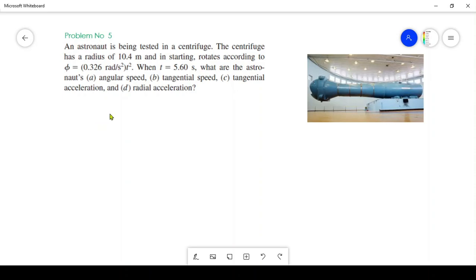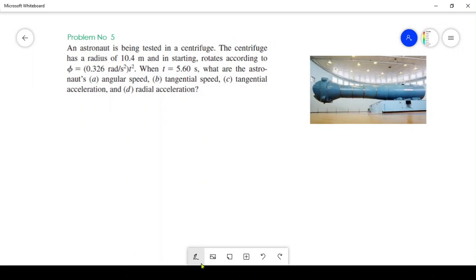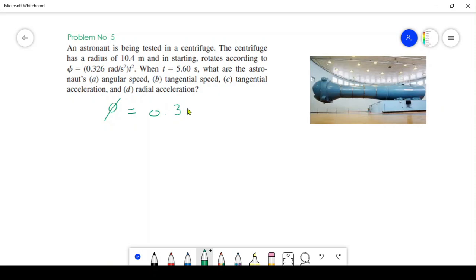We are given the value of angular displacement, which is given by the relation phi is equal to 0.326 radians per second squared times t squared.